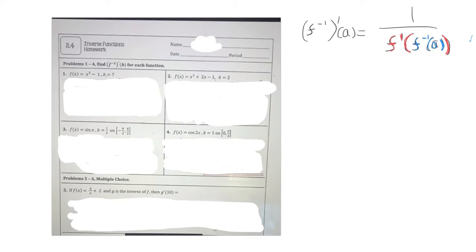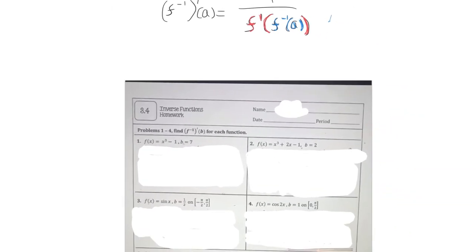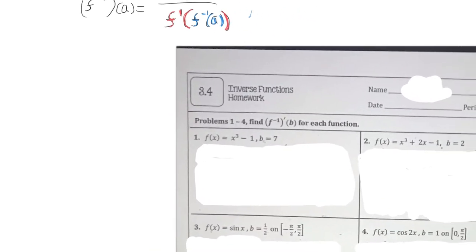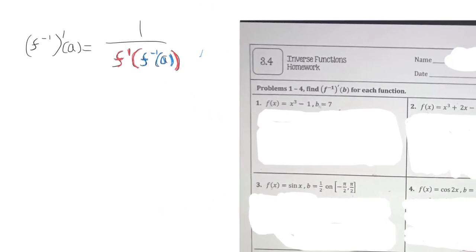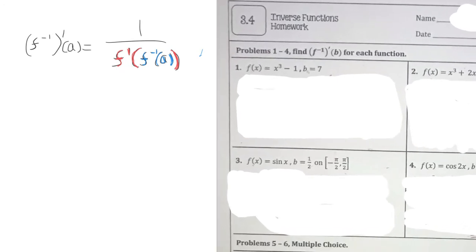Okay? So for something like problem number 1, which is right here, we'll move things around a little bit. We have this scenario where the original function is f of x equals x cubed minus 1, and b is 7 in this case.